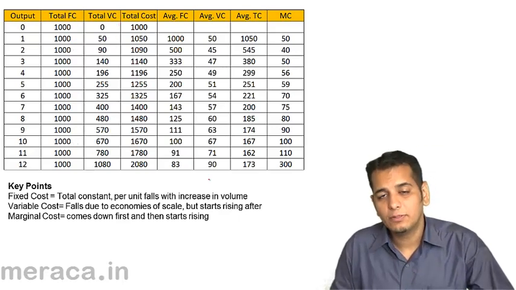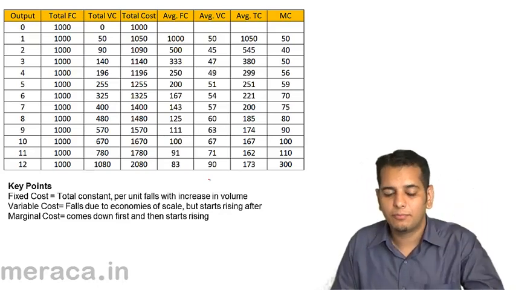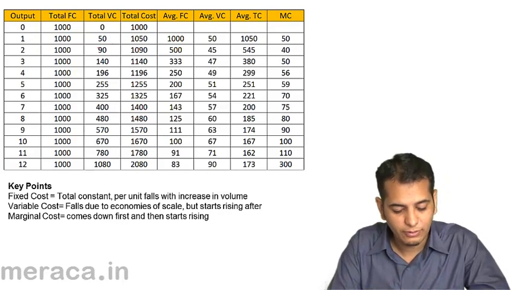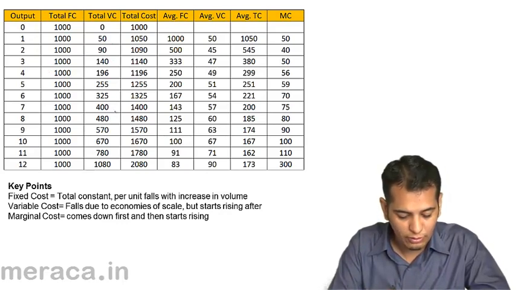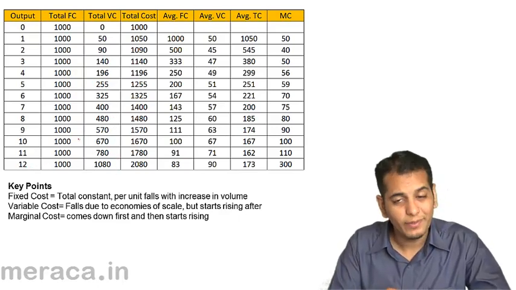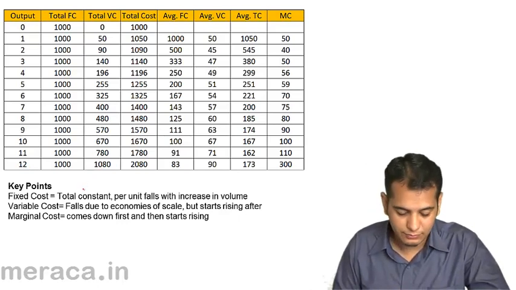However, the variable cost, if we closely observe, goes on increasing with the production. It is 50 rupees for 1 unit, 90 rupees for 2, 140 for 3, 196 for 4, and it goes on increasing. For the 12th unit, it is 1080 rupees.